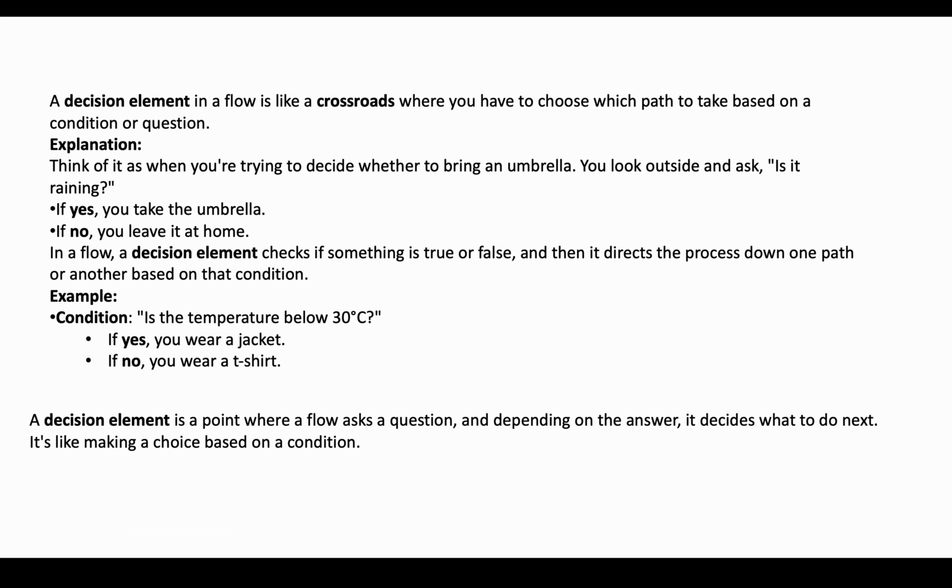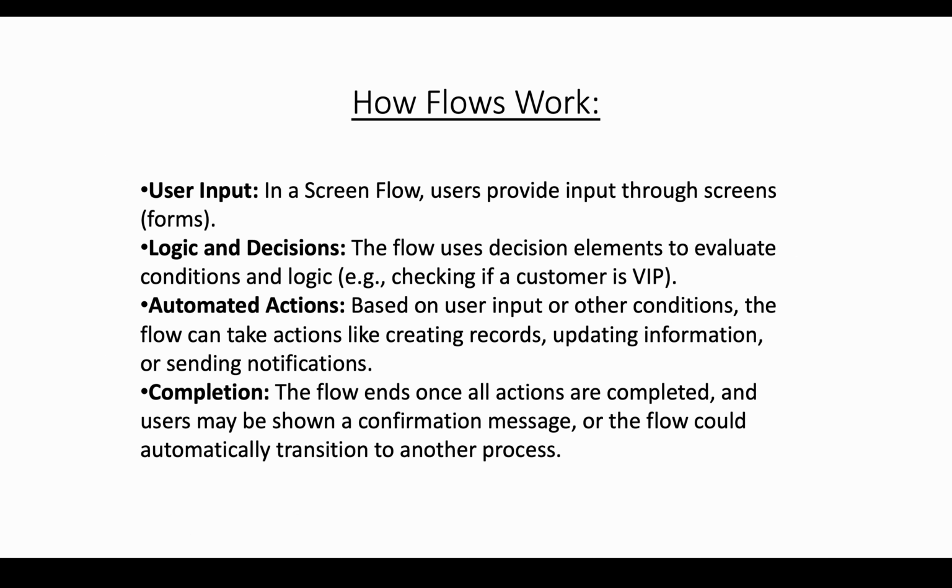A decision element in a flow is like a crossroad where you have to select a path based on a condition. I believe we have done this. Yes. How does a flow work? User input: in a screen flow, the user provides input through a screen.